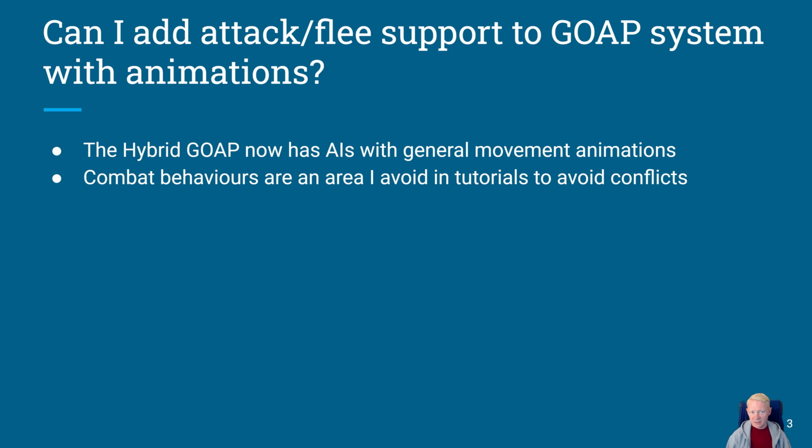Combat behaviors, however, are a bit of a tricky area, and you'll notice actually in all of the tutorials I do, I tend to try and avoid them or will only sort of cover fairly rudimentary stuff. The reason for that is to avoid conflicts with the other work that I do, because a lot of the main work that I do is working on things like combat behaviors for AIs and dealing with areas like how they attack, how they move, coordination, stuff like that.